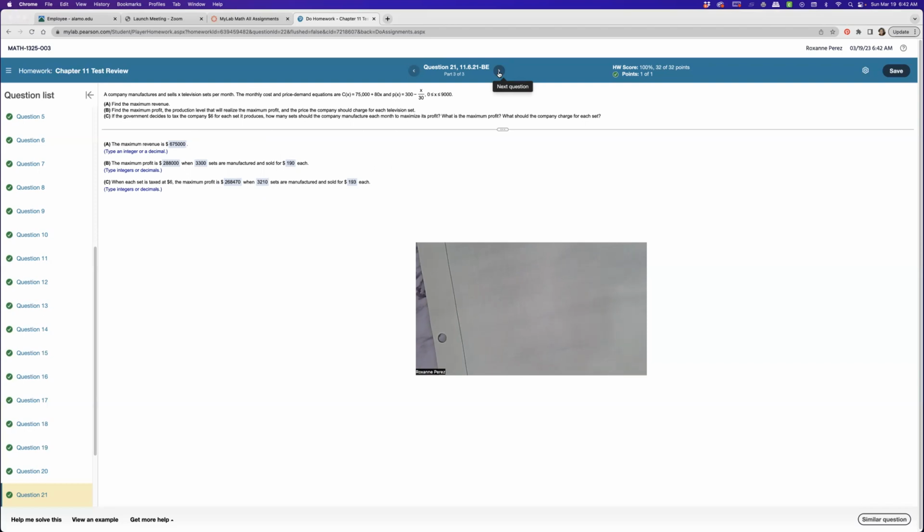A company manufactures and sells x television sets per month. The monthly cost and price demand function are below. Okay. Let's see.